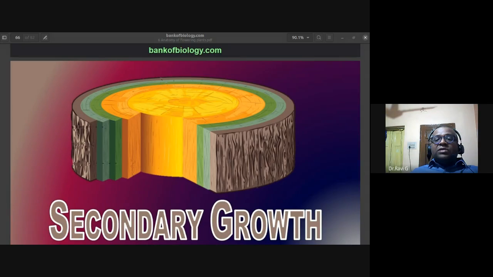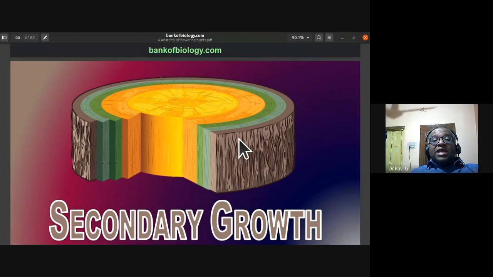Okay, so let us proceed with the secondary growth in dicot stem. Before going into it, you should remember the young dicot stem anatomy. They had vascular bundles arranged in a ring-like manner. The vascular bundle is conjoined, and it is also open type, wherein it has cambium.